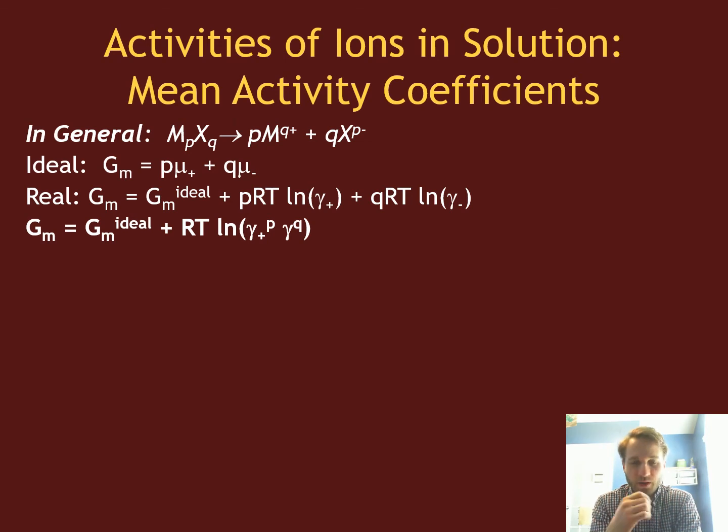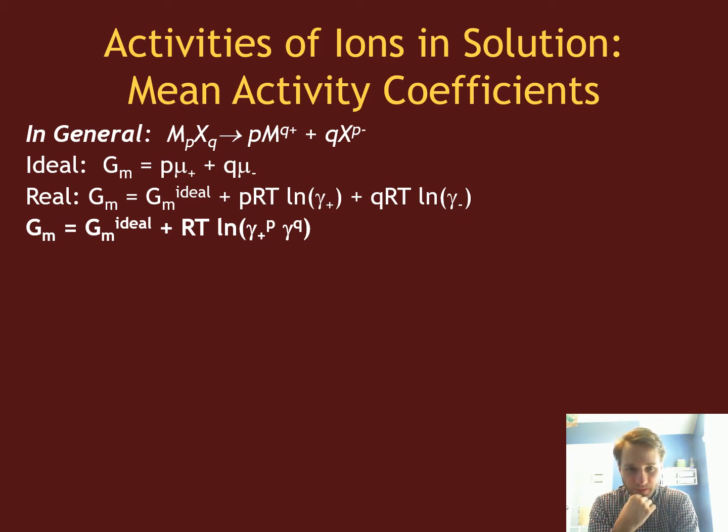Well, for an ion, let's consider just a cation with an anion. I dissolve this in solution and I get some number of cations and some number of anions in solution. The Gibbs energy is going to be related to the amount of cation times its chemical potential plus the amount of anion times its chemical potential.